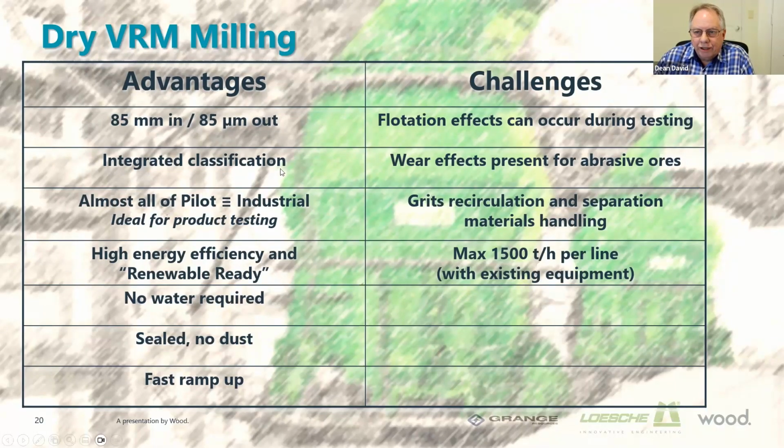The classification is integrated into the system, and it's designed by the same people who designed the grinding circuit. And it's got 100 years of development sitting in it. And almost all of what happens in the pilot plant is equivalent to what happens in the industrial circuit, which means the product you get out of this, you can actually test with confidence in the downstream circuit.